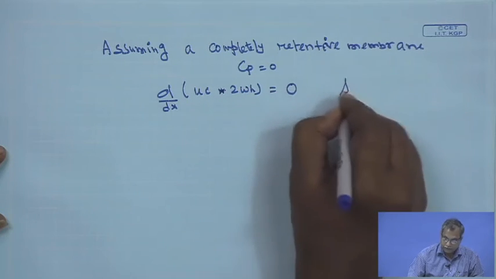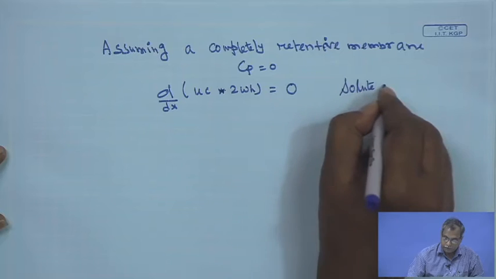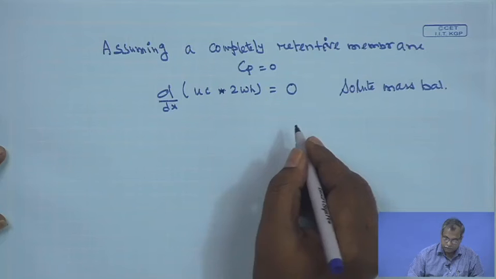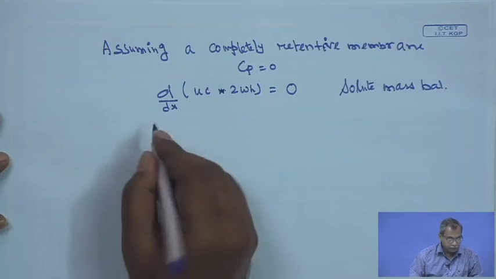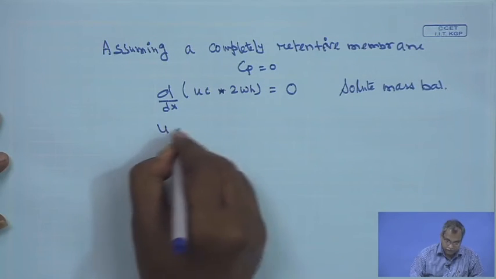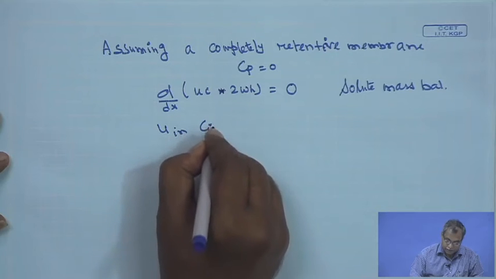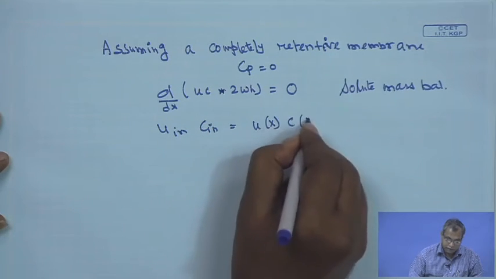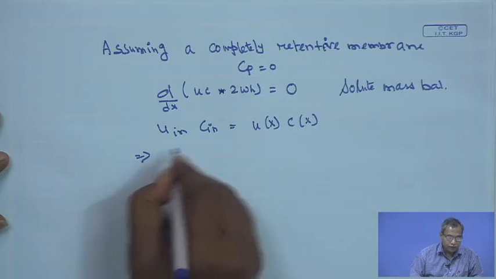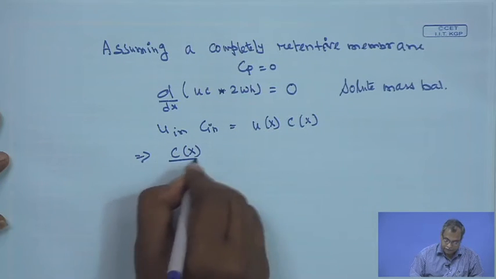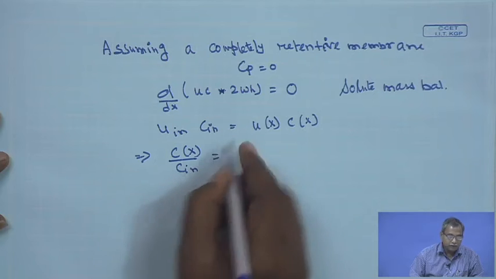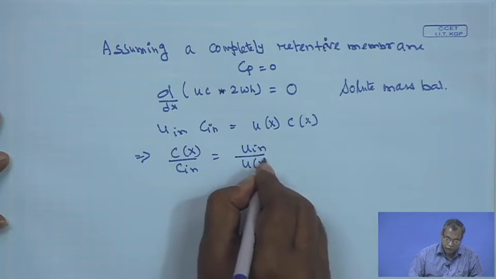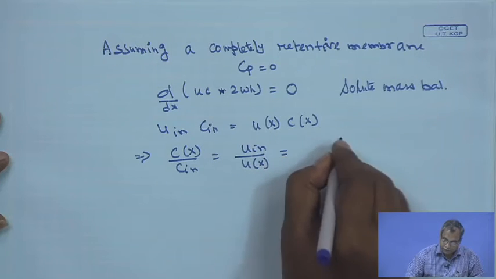So, this is basically the solute mass balance over the differential length of the channel. So, therefore, u at inlet, C at inlet should be equal to u at any x location, C at any x location. So, therefore, one can get an expression of C at x, C in is equal to u in divided by u x, and it will be inverse of that.